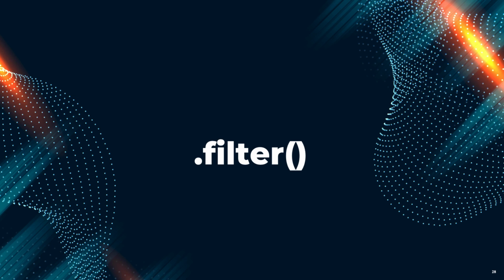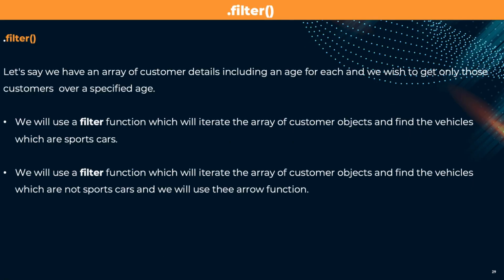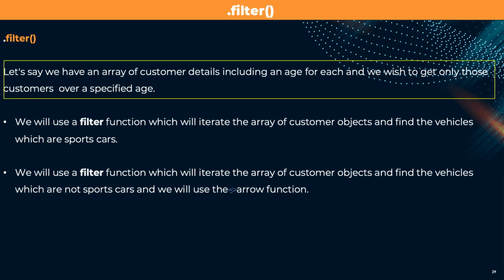The third and final array function that we look at is the filter function. So let's say we have an array of customer details, including the age for each, as we have seen in the last 2 examples, and we wish to get only those customers over a specified age.